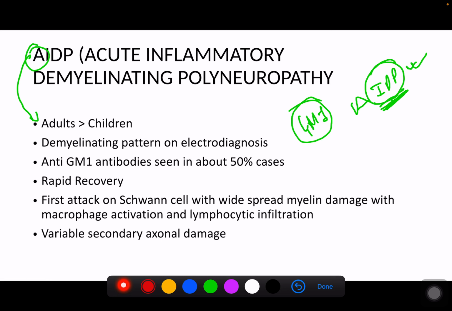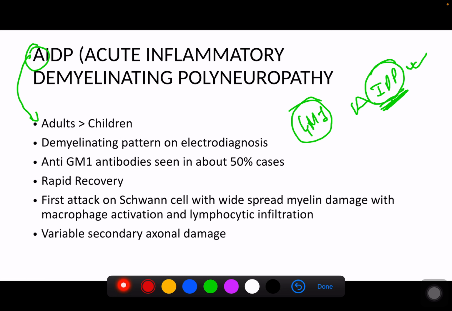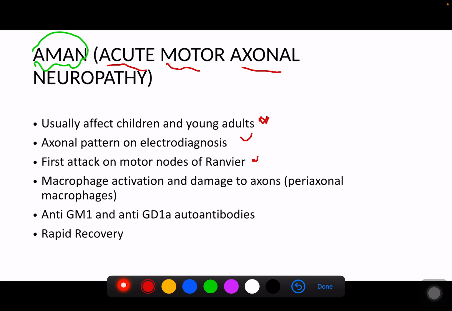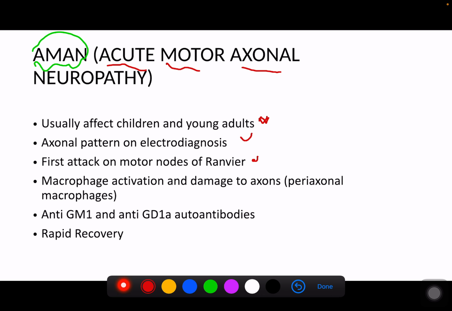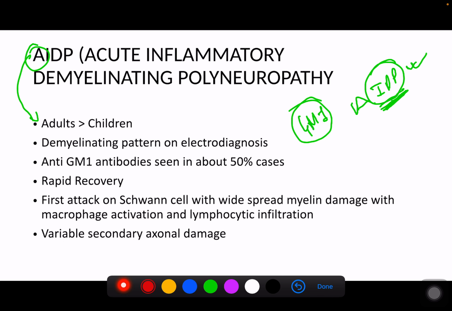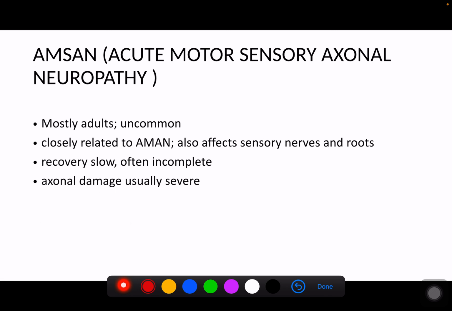So GM1 is seen in both. There is rapid recovery. So remember acute motor axonal neuropathy, acute inflammatory demyelinating polyneuropathy, and there is also acute motor sensory axonal neuropathy, AMSAN.